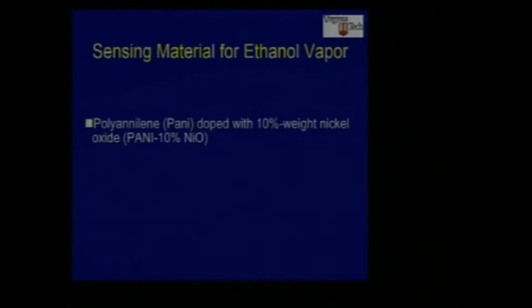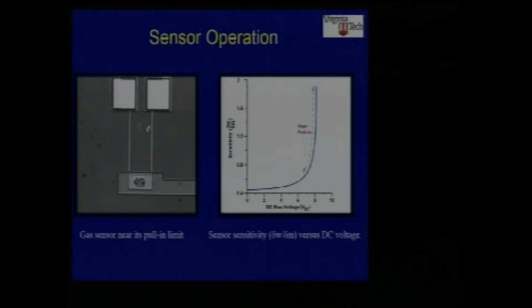The sensing material they used for the functional material in order to test for ethanol: they have one which is this penny with 10% NiO, and the other material is the P25DMA. Do I know those? I don't know. But these are chemical compositions. From that, now we can get the sensitivity curve as a function of the voltage.